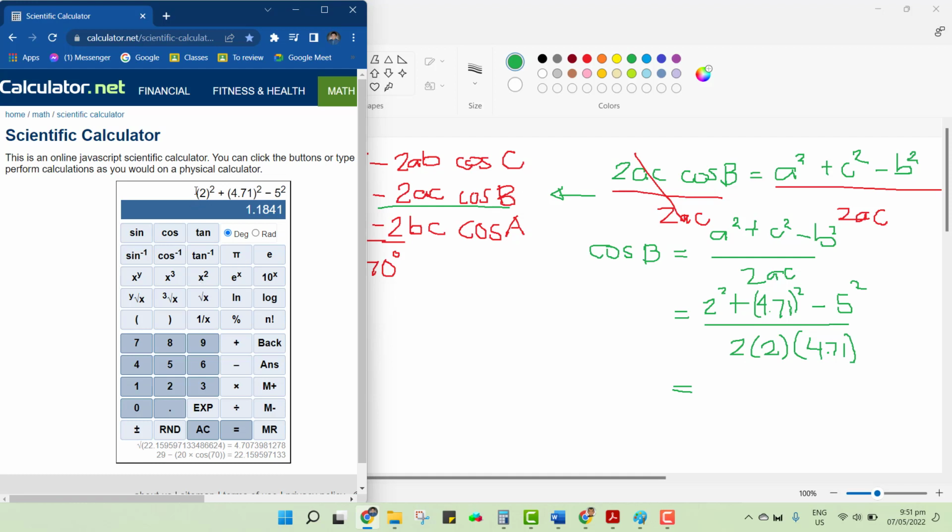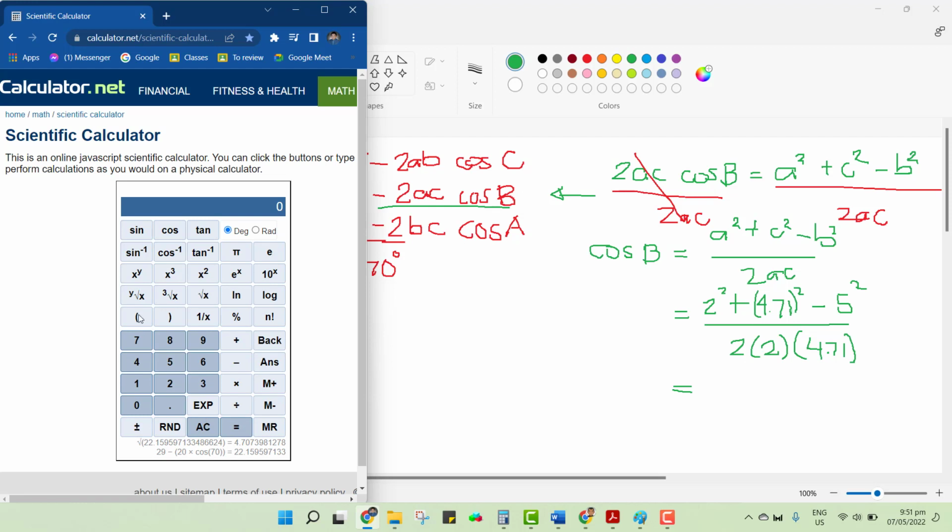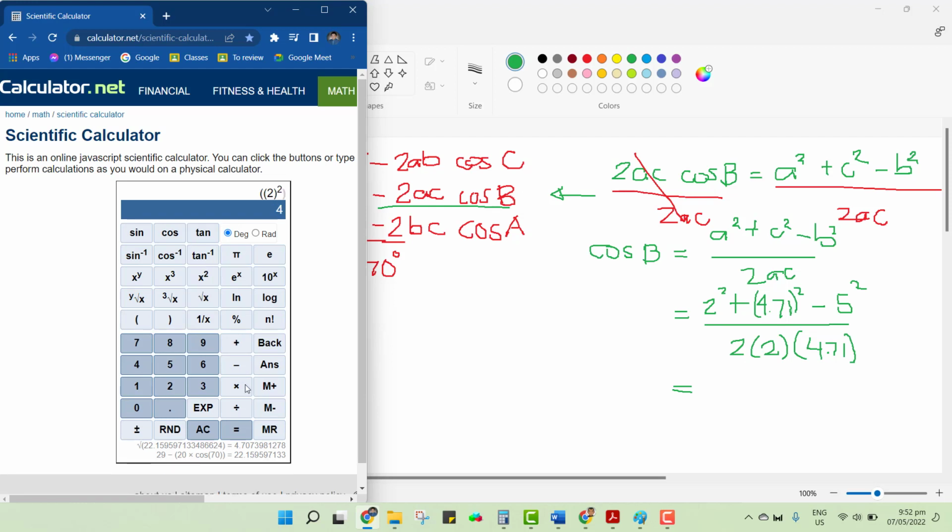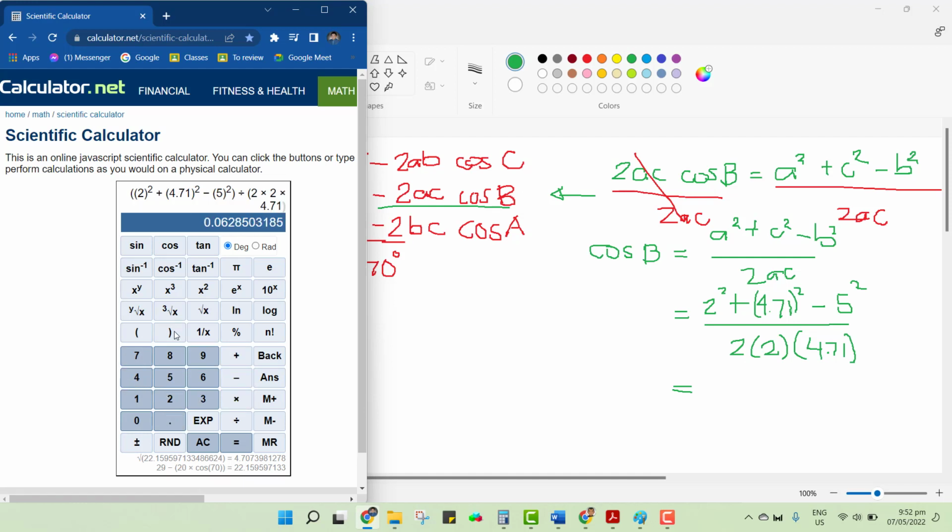I can no longer edit it, so let me repeat, and use parentheses for the numerator: 2 squared plus 4.71 squared less 5 squared, close parenthesis for the numerator, divided by the denominator, parenthesis, 2 times 2 times 4.71. So this is the complete numerator.